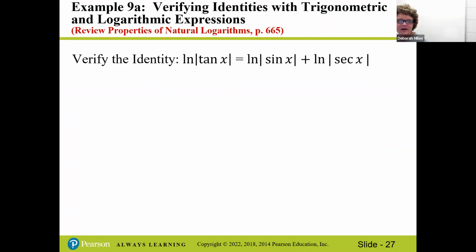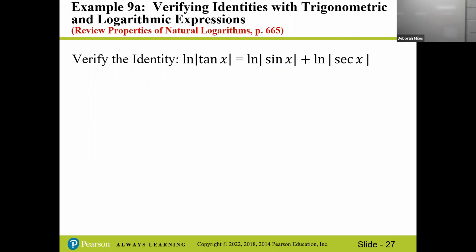That's verifying identities with trigonometric and logarithmic expressions. And we don't really have a new tool for this. We just have all of our properties for logarithms that we know from college algebra, algebra 2. We know that the log of a product can be written as the sum of 2 logs, and going backwards, the sum of 2 logs could be put back together as log of a product.